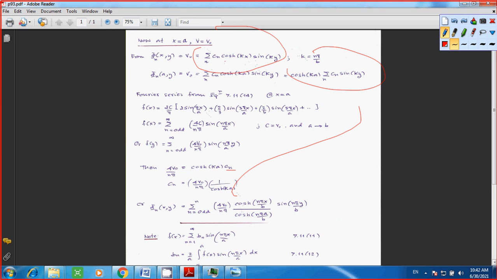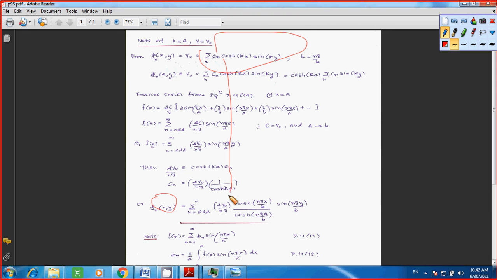Okay, sorry, let's start over again. This is your phi n(x,y). That's going to be your Cn. This is your Cn. And then multiply by hyperbolic cosine n pi x over b, and multiply by sine ky, or n pi over b.